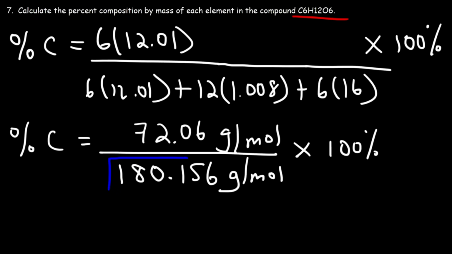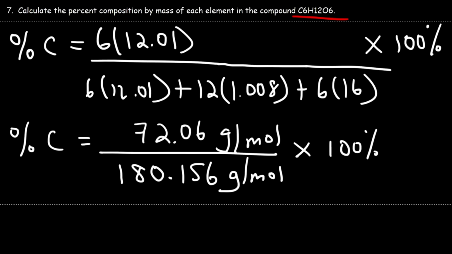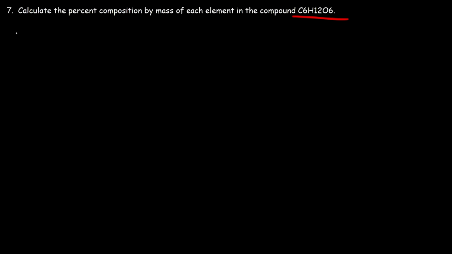Now remember this number because we're going to use it when calculating the mass percent of hydrogen and of oxygen later in this problem. So 72.06 divided by 180.156 times 100%. So that gives me 39.999%, which I'm going to round and say it's about 40%. So that's the mass percent of carbon in this compound.